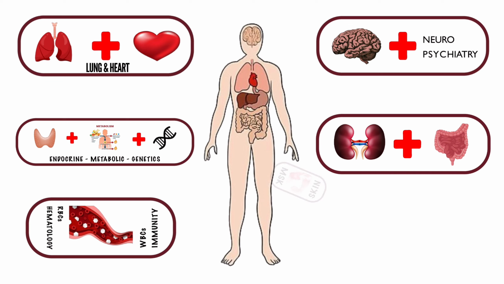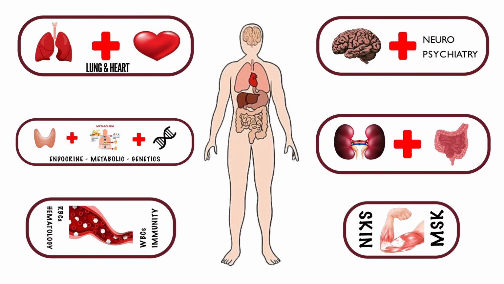And finally, the last group is skin and the musculoskeletal system, because they're very close to each other. The skin is covering the musculoskeletal system, and mainly the rheumatic diseases have both musculoskeletal and skin pathology.